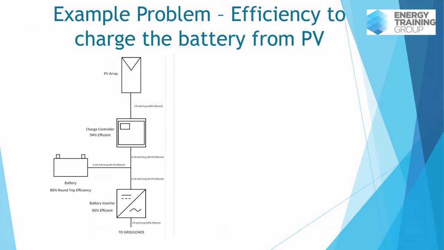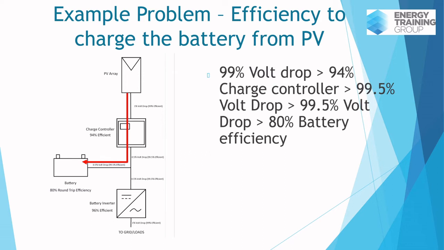First we're going to look at our efficiency to charge the battery from the PV. The first thing we do is trace out our circuit path from our PV array to the battery. Across that circuit path we've got 1% volt drop on our first bit of cable, which is 99% efficient. Our charge controller is 94% efficient.